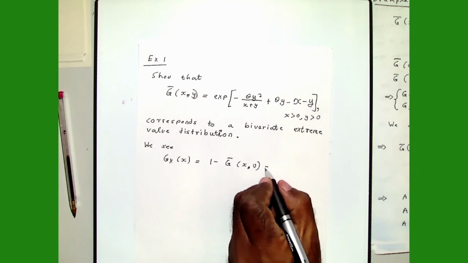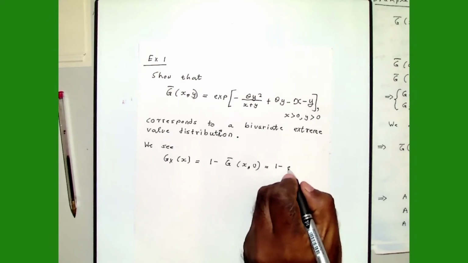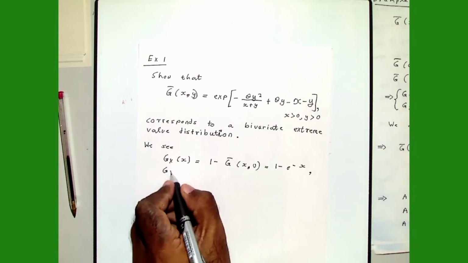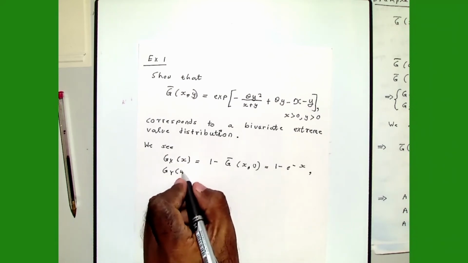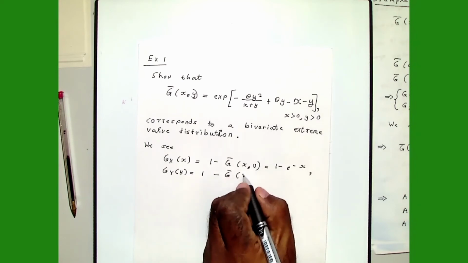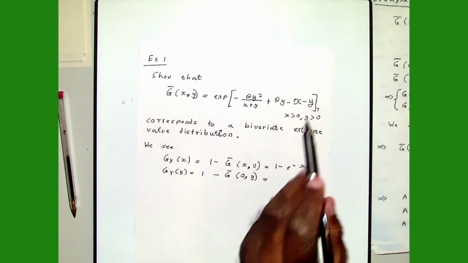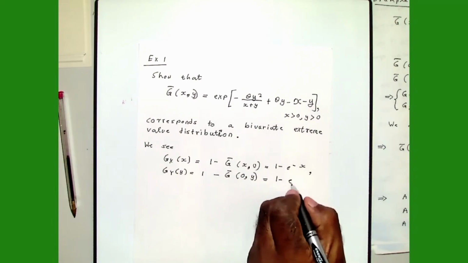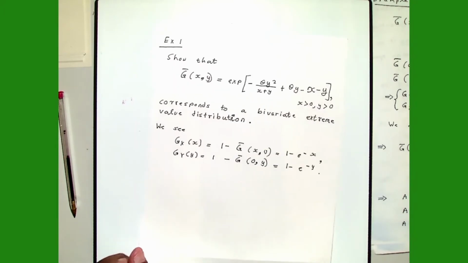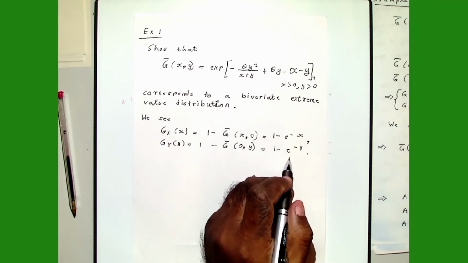If you put y equal to 0 into this, you get 1 minus e to the minus x. Similarly, the marginal corresponding to y is 1 minus this, and if you put x equal to 0 into this, you get 1 minus e to the minus y. So you see that the two marginals are both exponentially distributed.